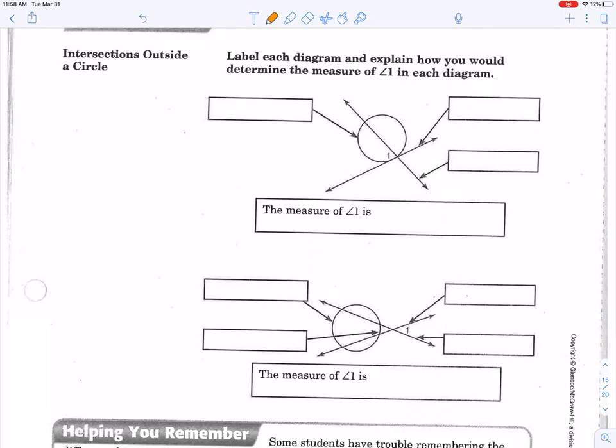So I gave you a little more information than you needed really in a couple sections ago. So we're going to kind of go over these situations here. But let's label each of these parts. It says label each diagram and explain how you would determine the measure of angle 1 in each diagram. So this first one right here, this would be the intercepted arc.